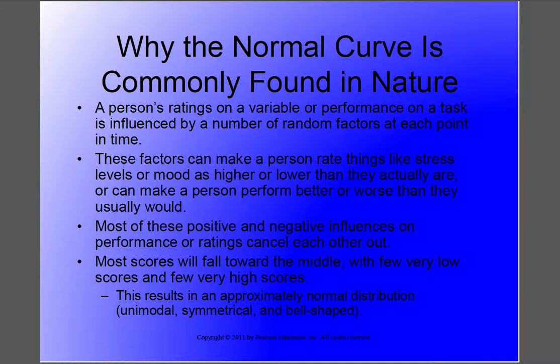So normal curves are found throughout nature, and there are as many normal curves as there are combinations of means and standard deviations. So a normal curve then is a family of curves, and each member of that family has its own mean and standard deviation.